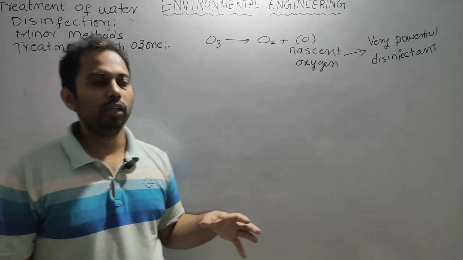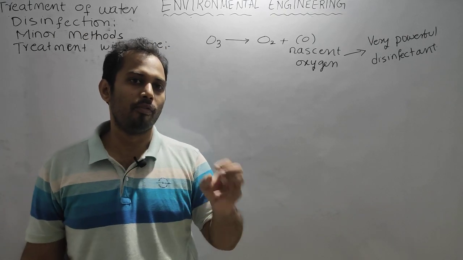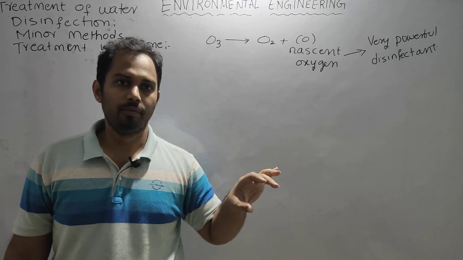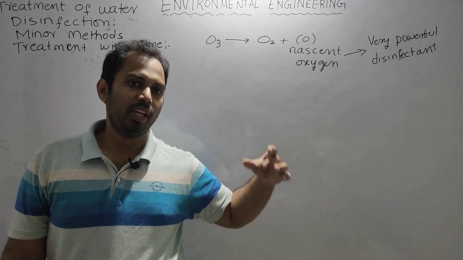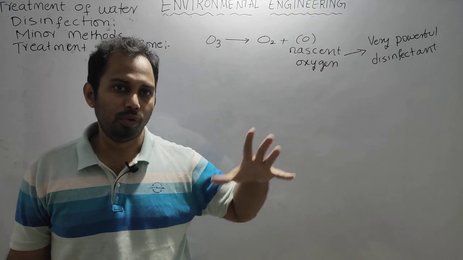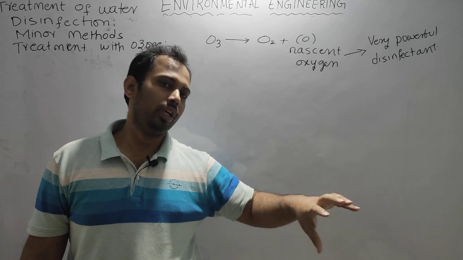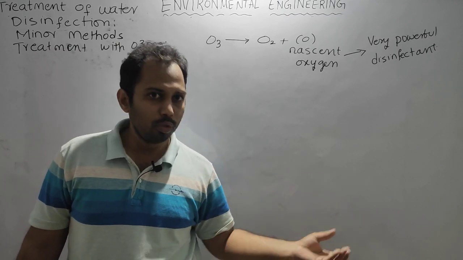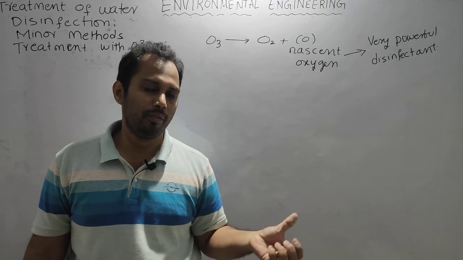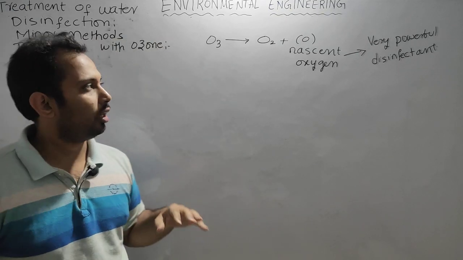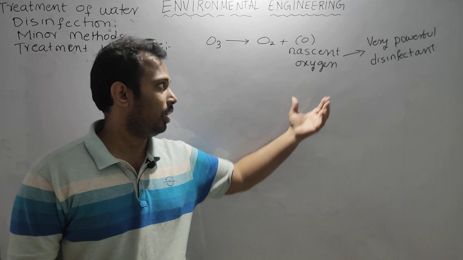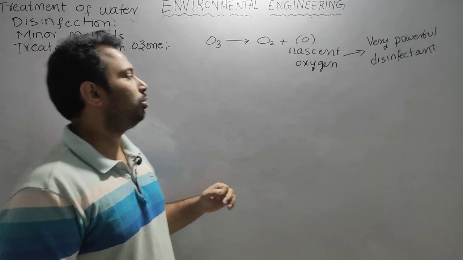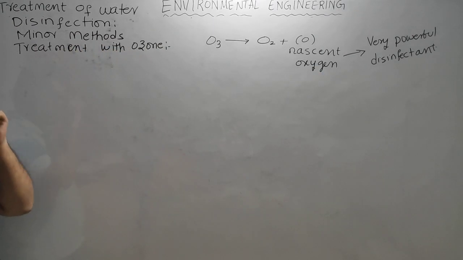When O2 reacts with carbon and forms CO2, O2 is having affinity to carbon. That is the affinity and stability. Here it is unstable, so due to this instability, it is a very powerful disinfectant.